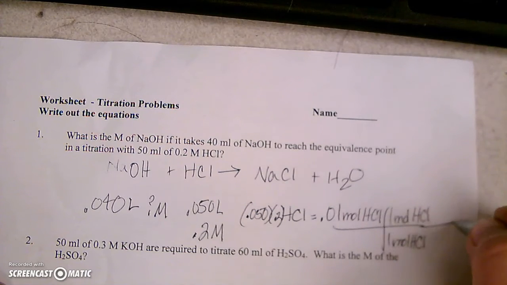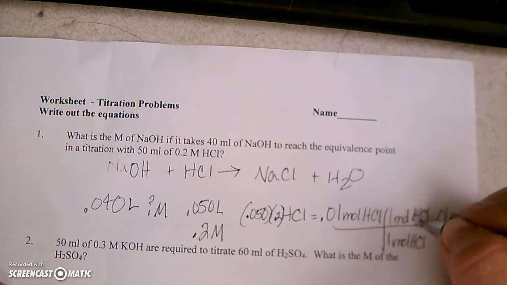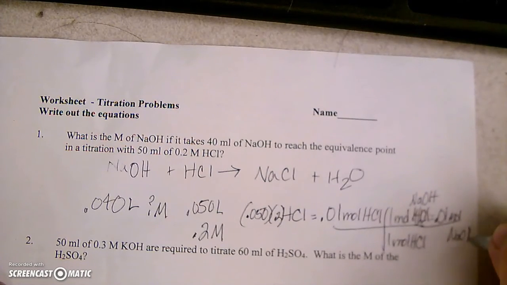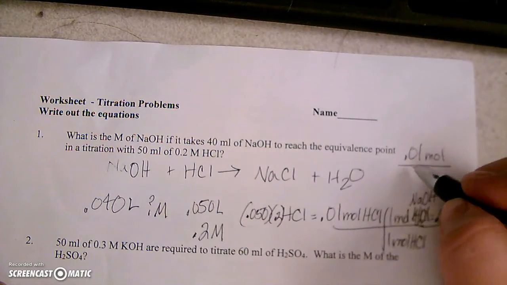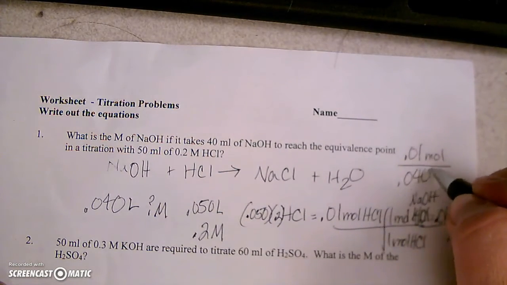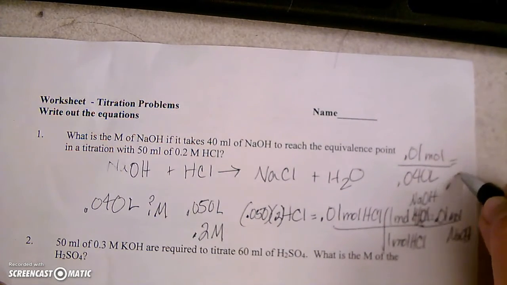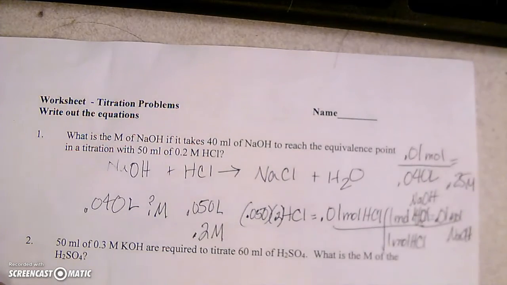And then we'll have 0.01 mole NaOH. Now we want to find molarity, so we have to take 0.01 mole divided by the volume, which is 0.040 liters, and that gives 0.25 molarity.